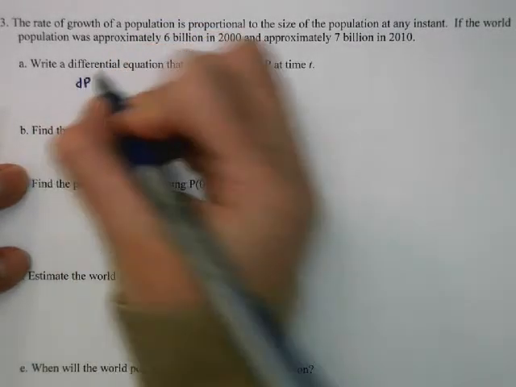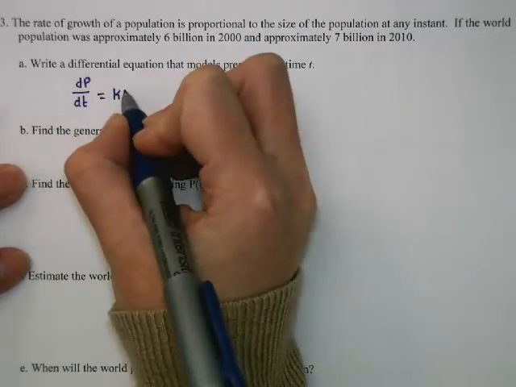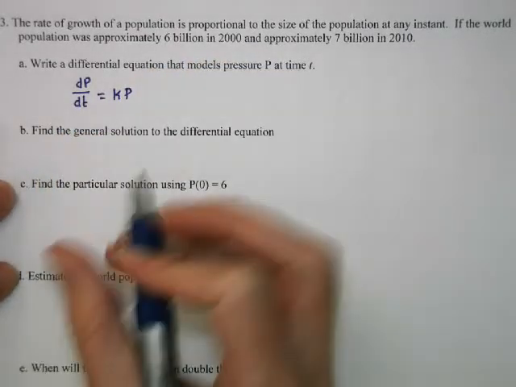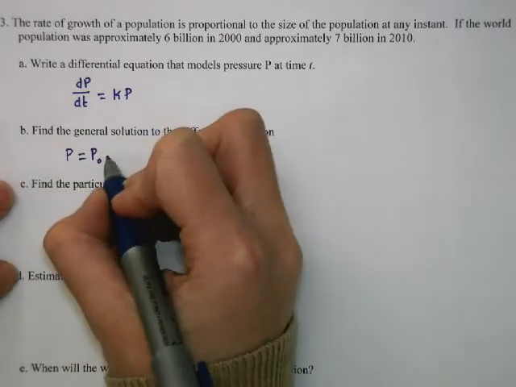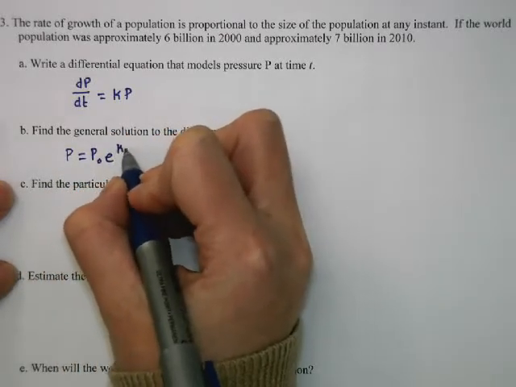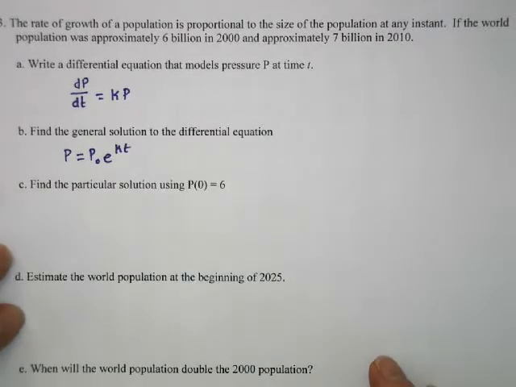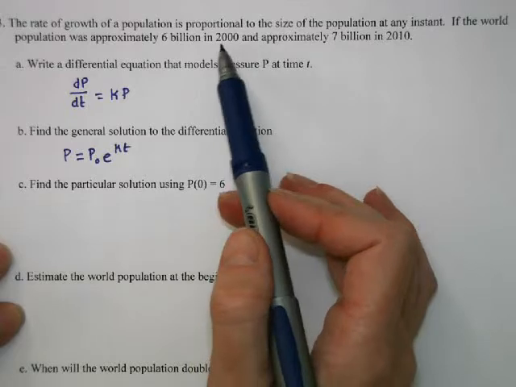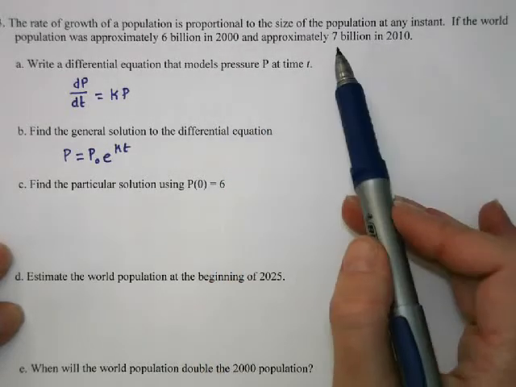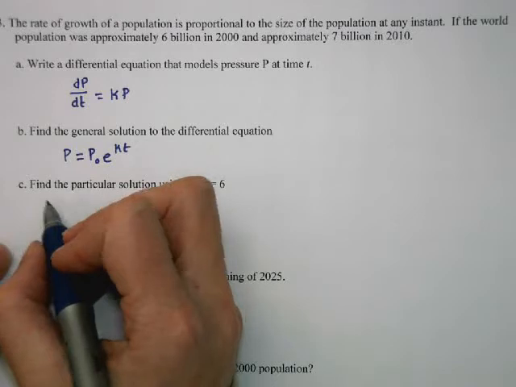So just dP/dt, we'll use P for population, is k times P. The general solution then, P, is going to equal P naught e to the kt. Now we're going to find the particular solution, and we're just going to say 2000 is time 0 with 6 billion, so in 10 years we'll have 7 billion.